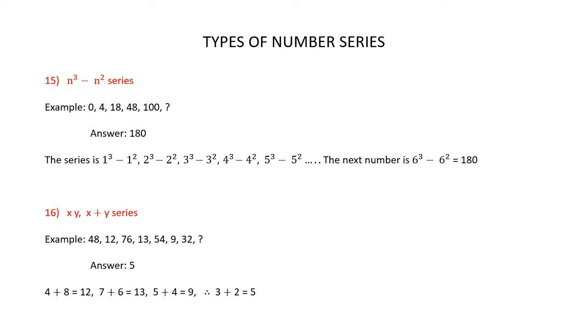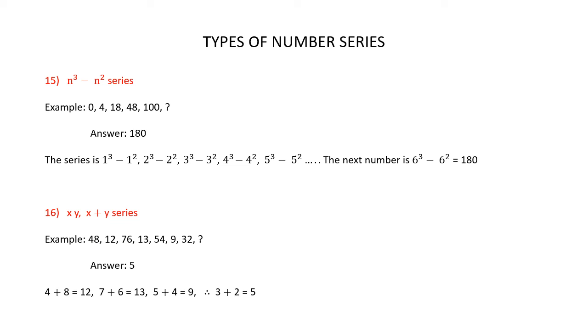The second number will be the sum of x and y, that is x plus y. This series is known as xy x plus y series. Let's understand this with an example. Look at this number series: 48, 12, 76, 13, 54, 9, 32, question mark. You have to find the missing number here.